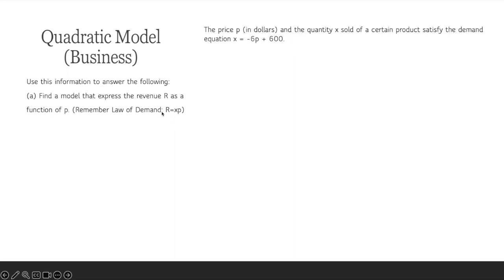So you start with the law of demand, and you replace X by this expression, negative 6P plus 600. And when you apply the distributive property of multiplication, you get that the revenue is represented by a quadratic equation. So the revenue is a function of P in a quadratic equation.